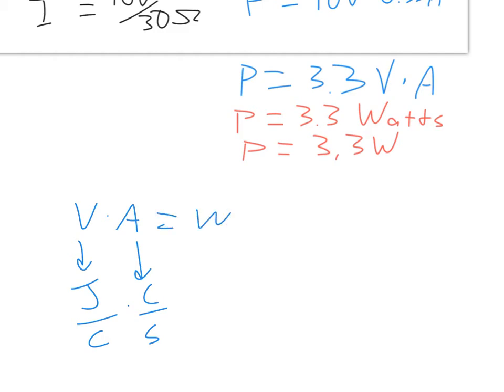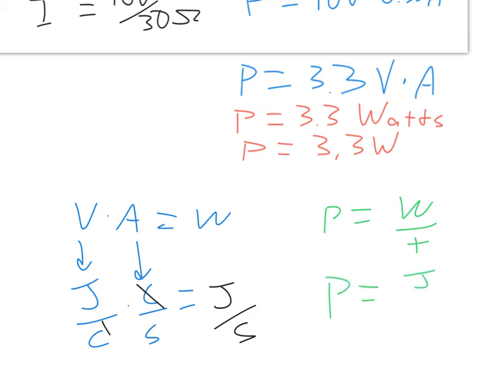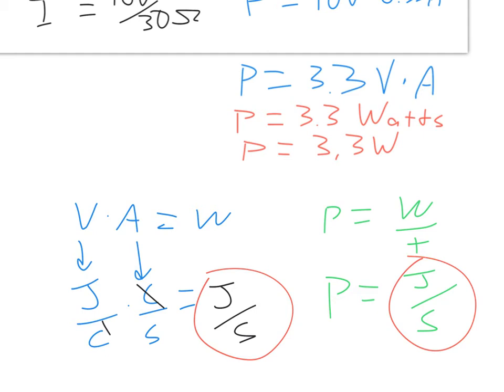A volt amp is equal to a watt, and so we see that a watt is just equal to a joule per second, which, if I think back to my original definition of power as work divided by time, well, the unit of work is the joule, and the unit of time is the second. So my units are equivalent. And so we can think of a volt amp as a watt, or a watt as a joule per second, and I'm talking about the same thing.